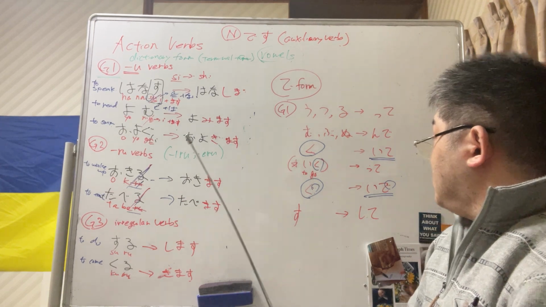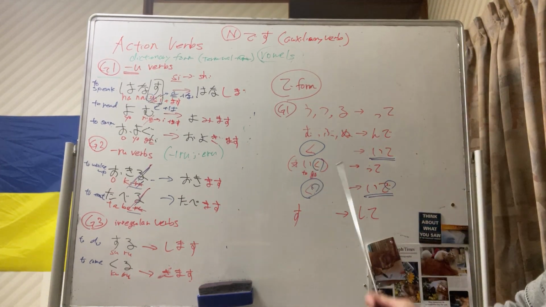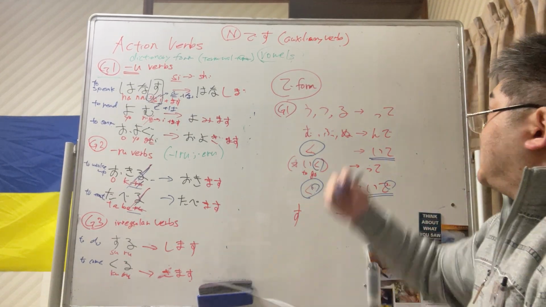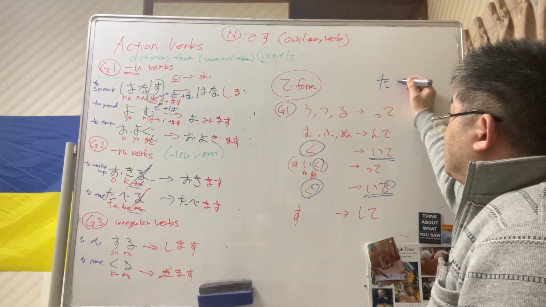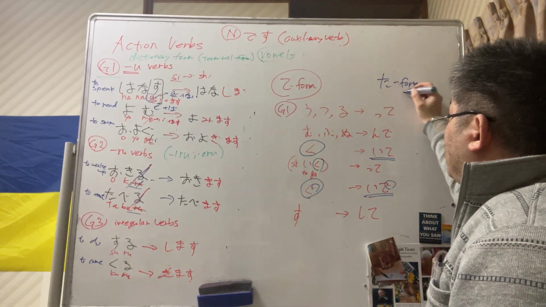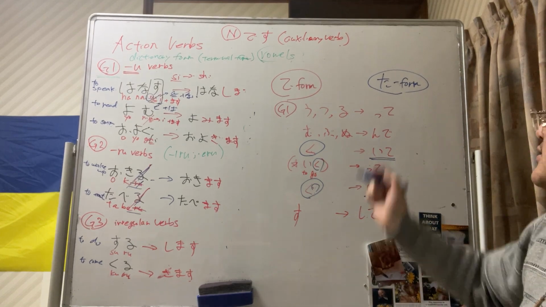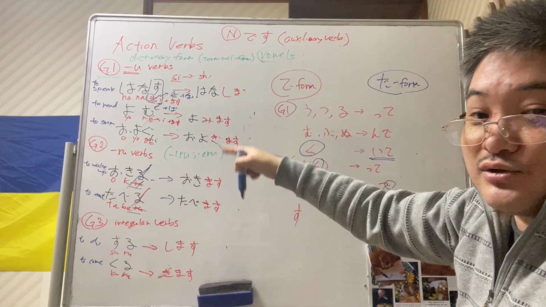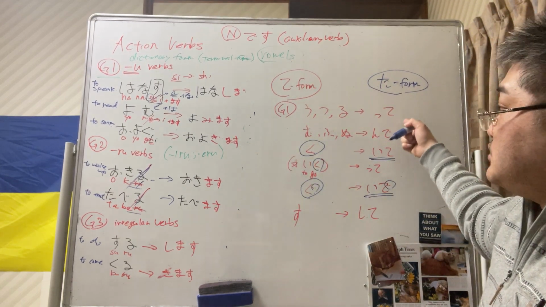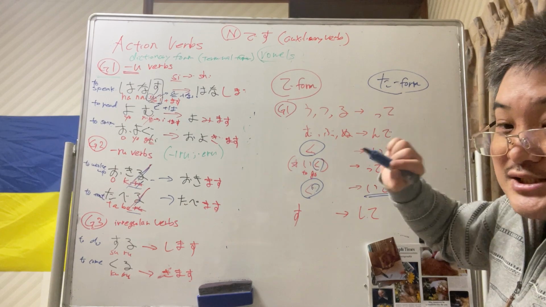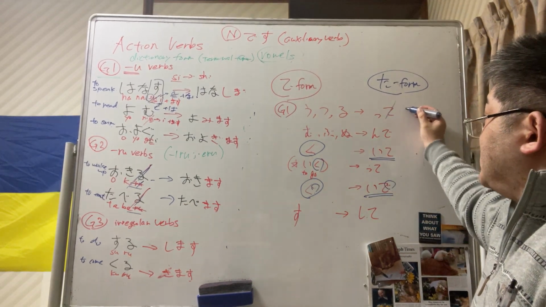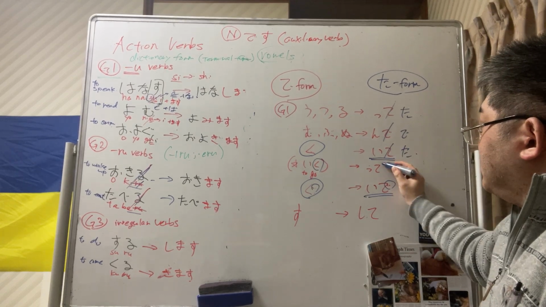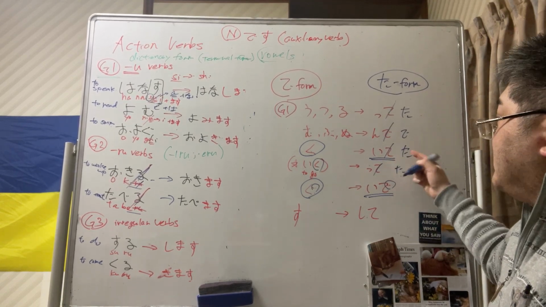Now, if you know te form, only then can you get ta form. In order to make this into ta form, the plain past, you just change te into ta, de into da.